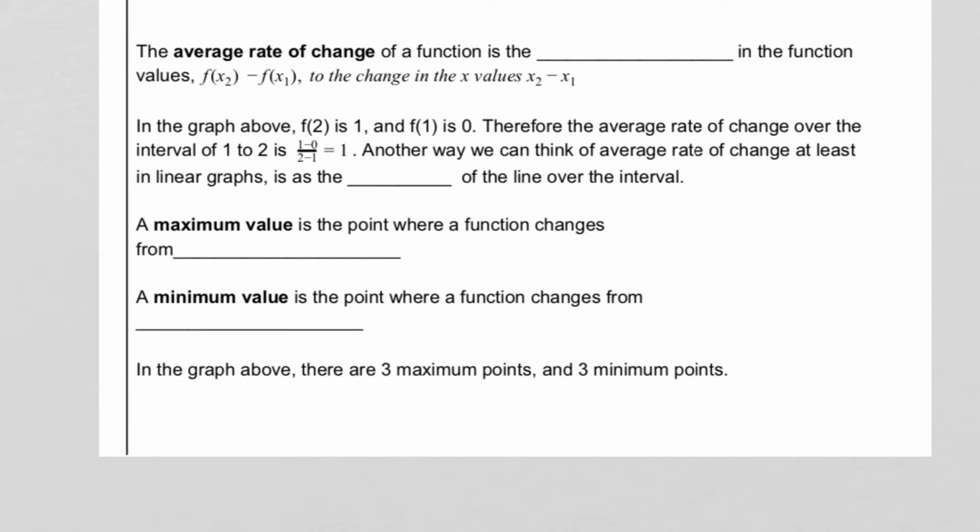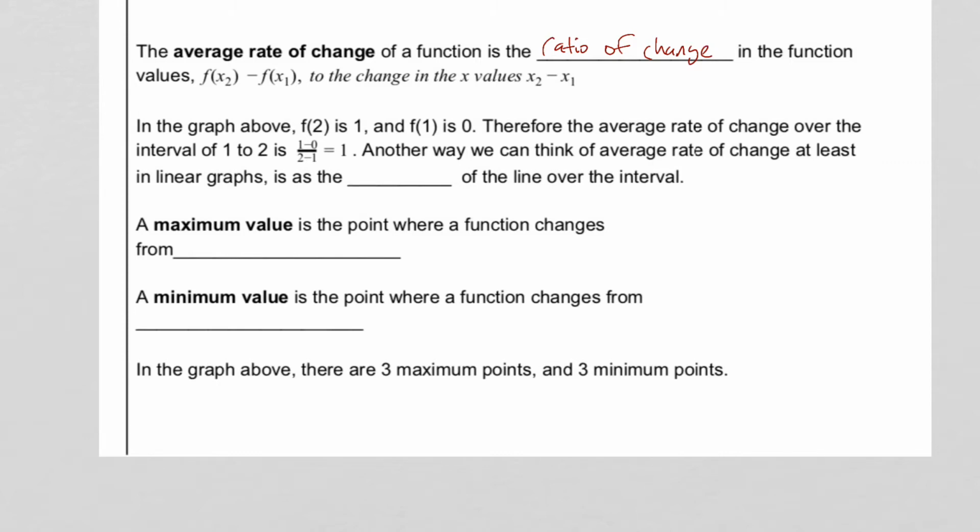The average rate of change of a function is the ratio of the change in the function when you take f of x sub 2 and f of x sub 1 and subtract them, or between the two.